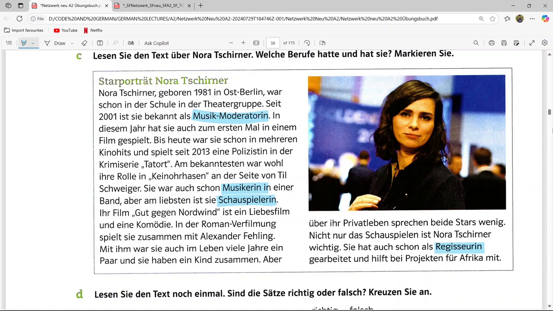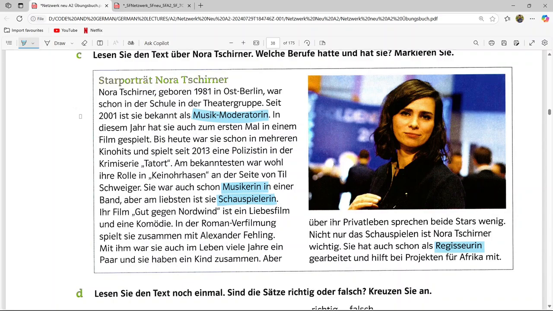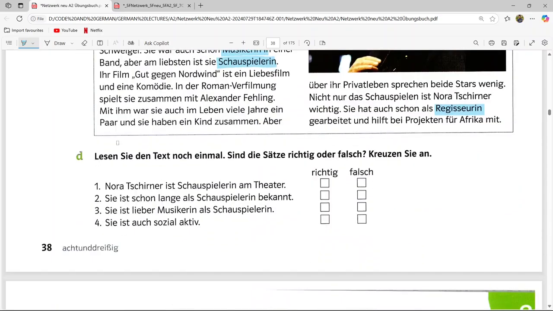She is a music moderator, Musikerin, Schauspielerin and Regisseurin. Okay, so music moderator, singer, actress and director. Okay, so this task is done. We move on to the next one.